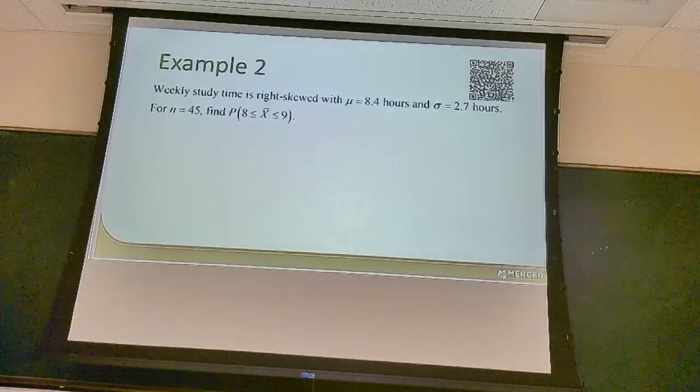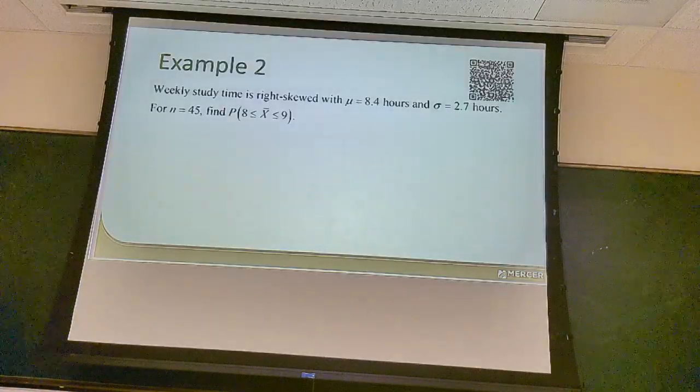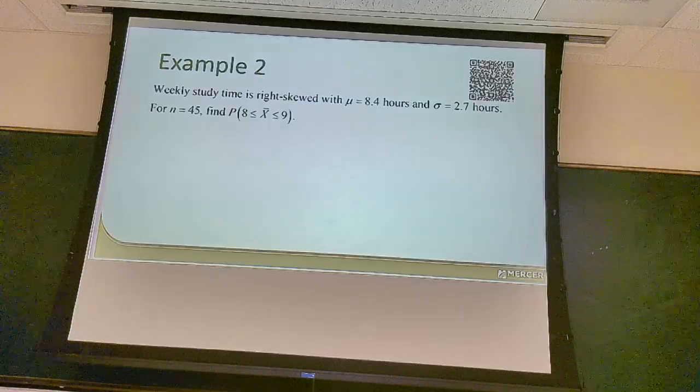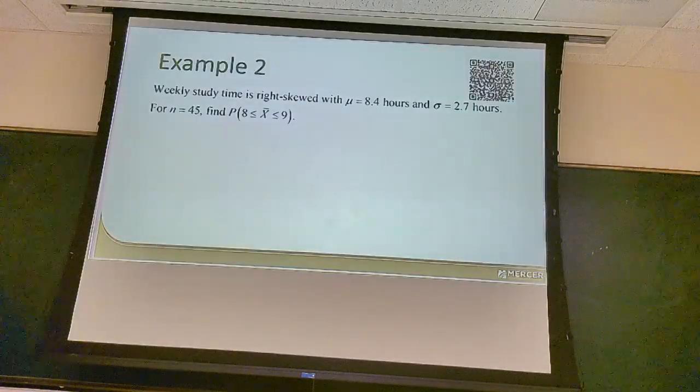No. Is the sample size large enough? It is. What's the smallest sample size it needs to be? 30. Sample size is 45. So we can assume a normal distribution.